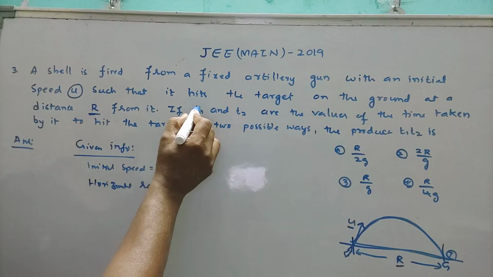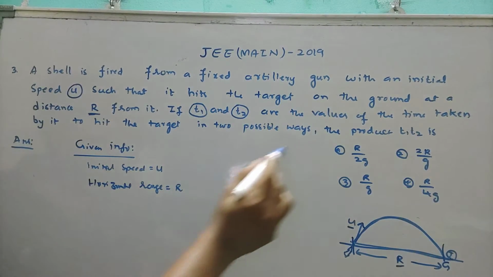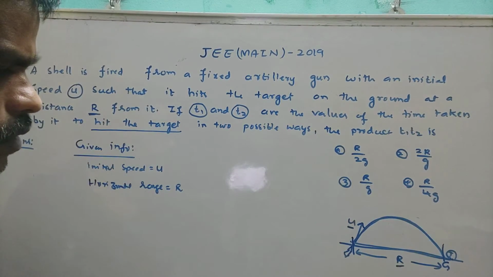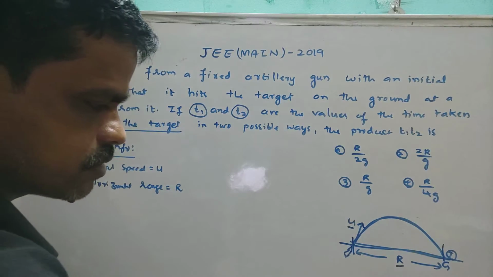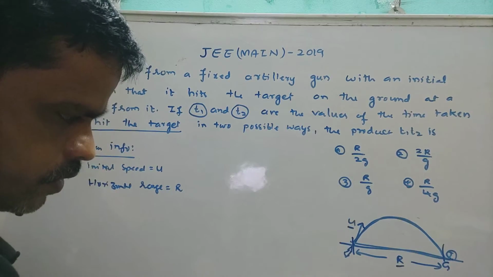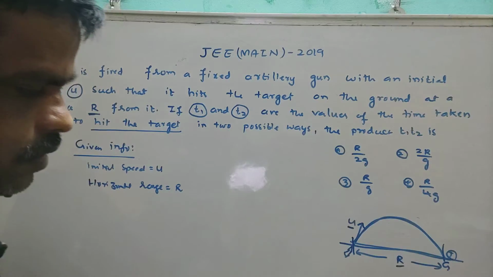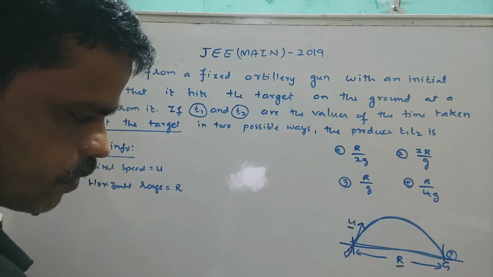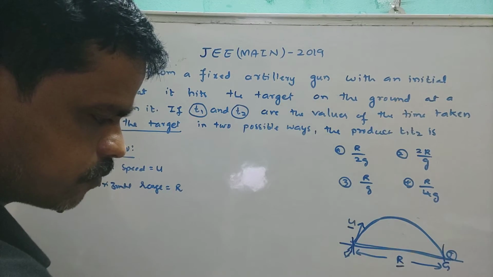In the question, t1 and t2 are the values of time taken to hit the target. So there are two ways to reach the target. One is if the gun is fired making angle theta 1, otherwise it can move one more way: this is theta 1, the other is 90 minus theta.